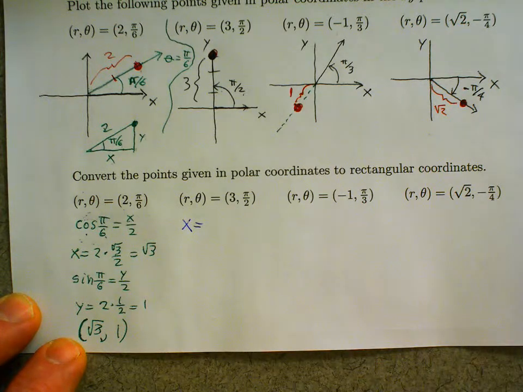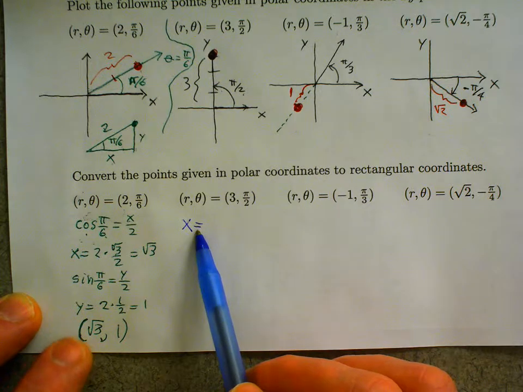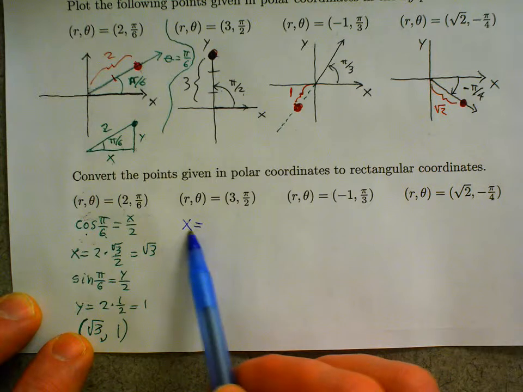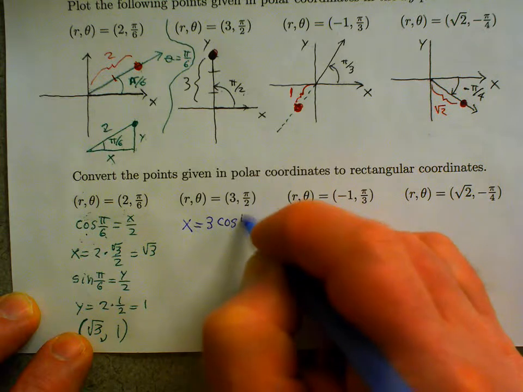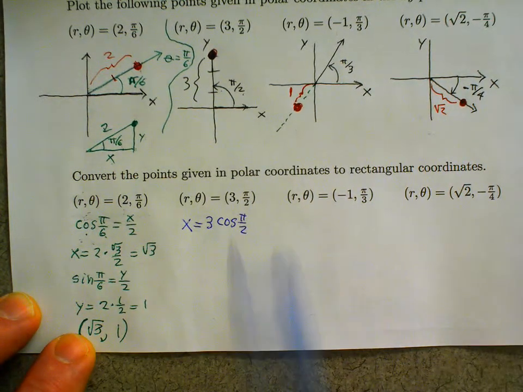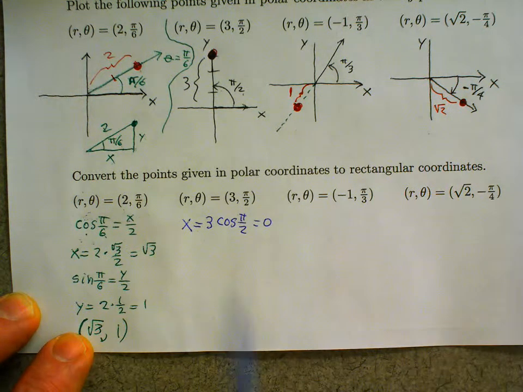You could say we have a right triangle where one of the angles is 0. But anyway, x is 3 times cosine of pi over 2. Cosine of pi over 2 is 0, and 3 times 0 is 0. So the x-coordinate is 0.